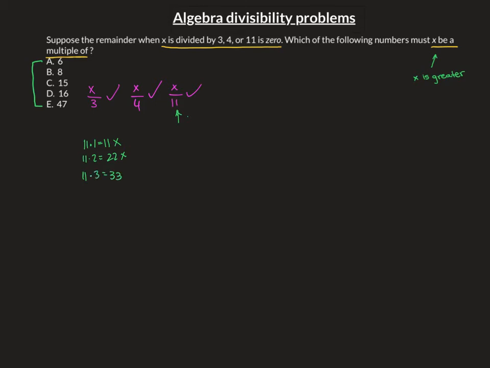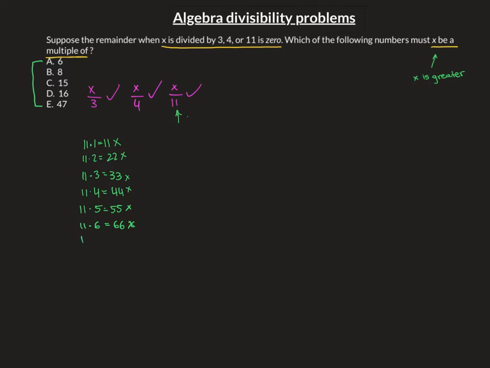That works with 3, but it doesn't work with 4, so that's incorrect. Then we have 11 times 4 equals 44. That works with 4, but not 3. So then 11 times 5 equals 55. That does not work. 11 times 6 equals 66. That does not work, because 66 divided by 4 is not a whole number.